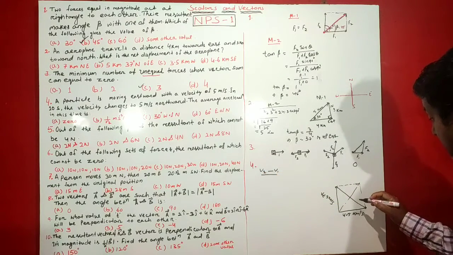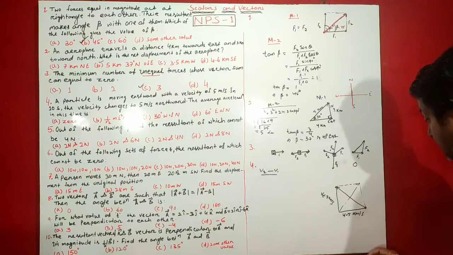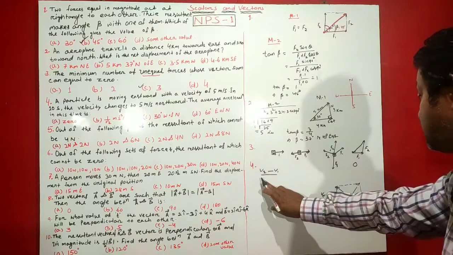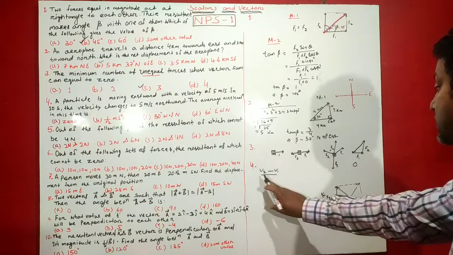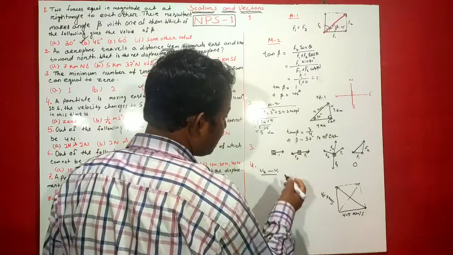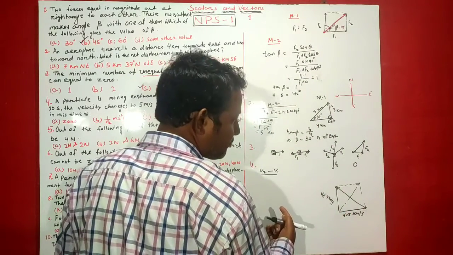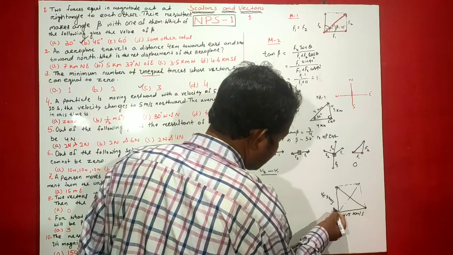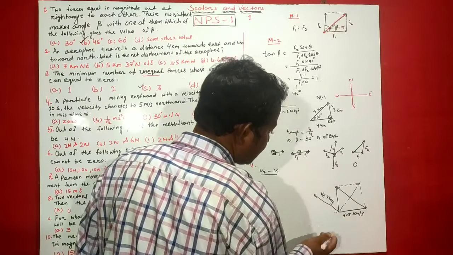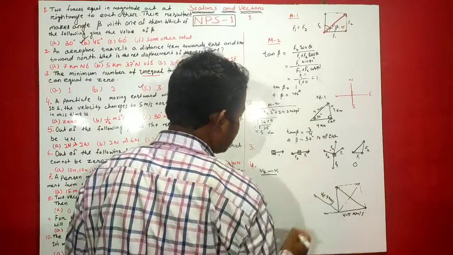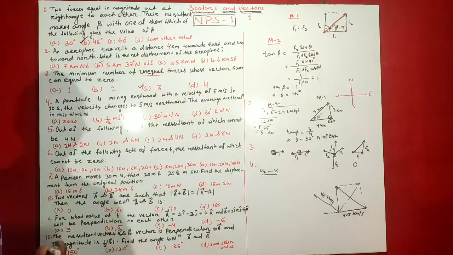This will be V2 minus V1. The arrow will be in the direction touching the head of V2. So this direction is the northwest direction. Number 4.